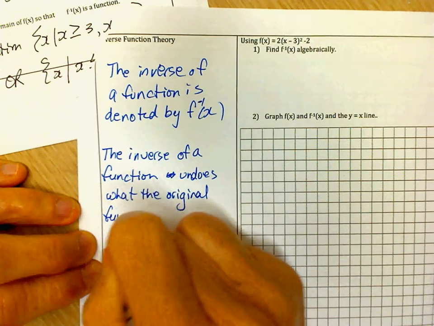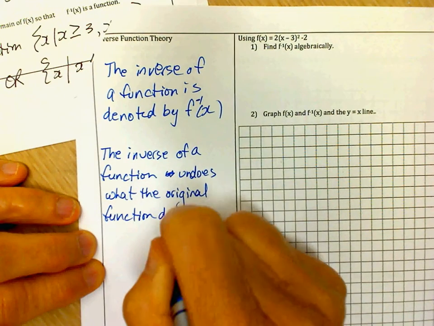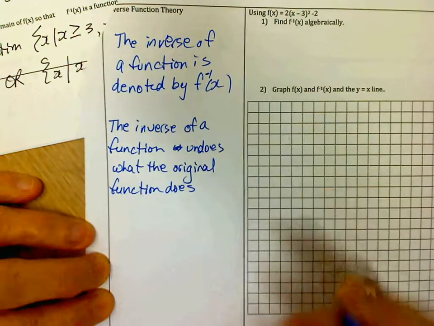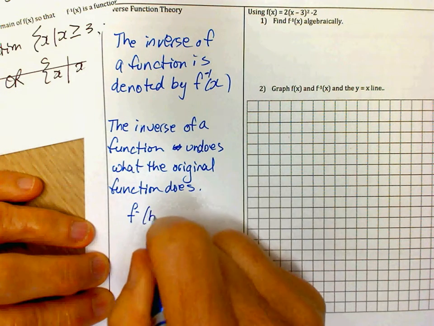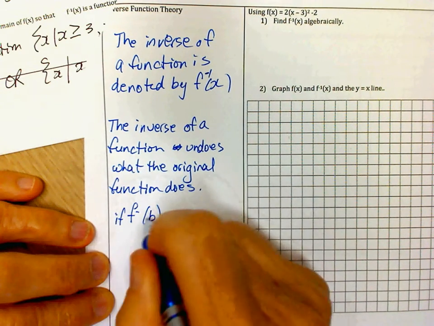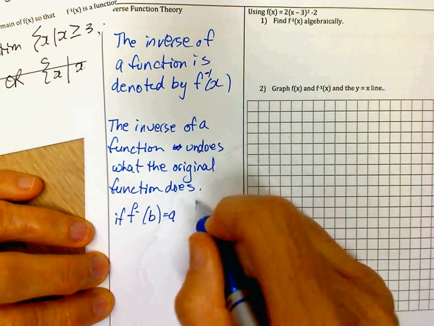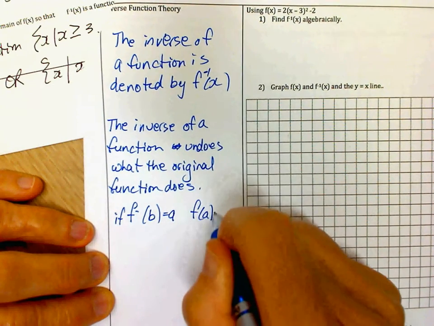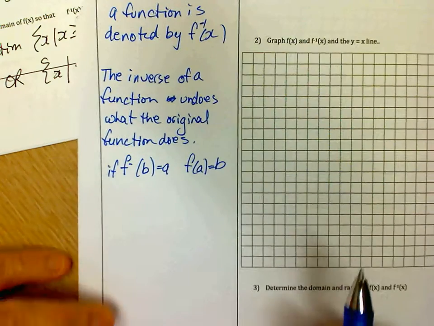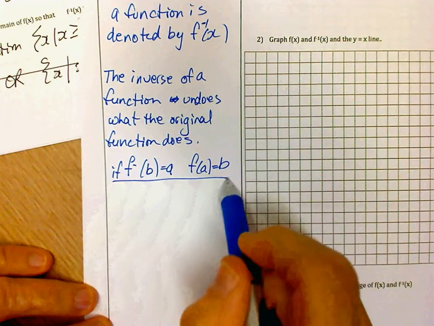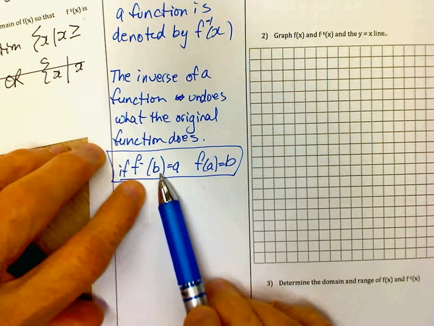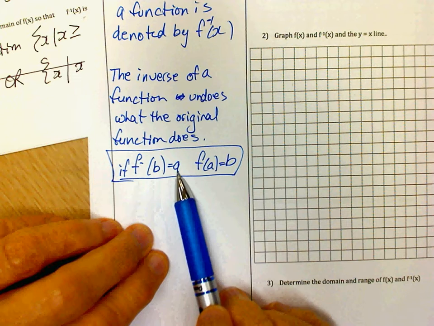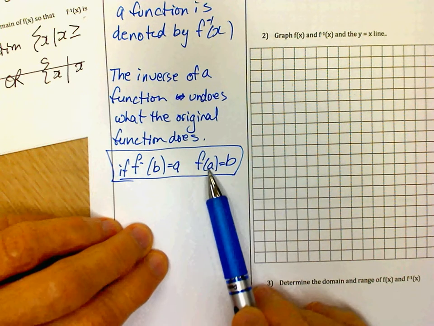If the inverse of f of b equals a, then that means f of a equals b. Notice how if we sub an x value into the inverse and we get a, then if we sub a into the original function, we get b. We end up back where we started from.